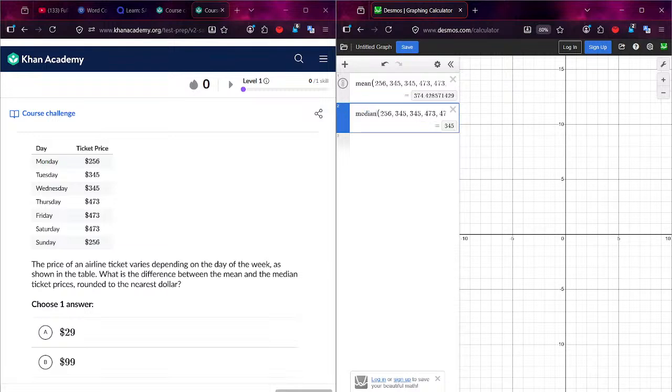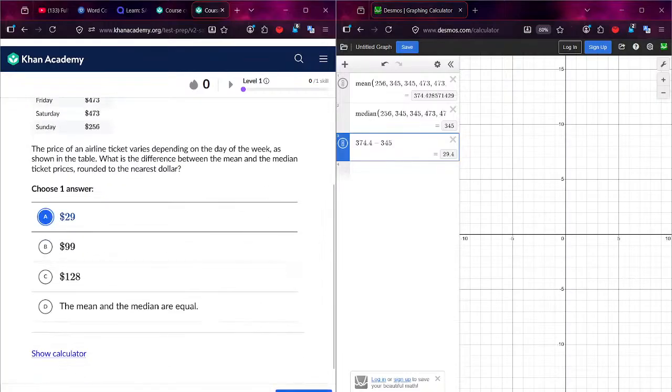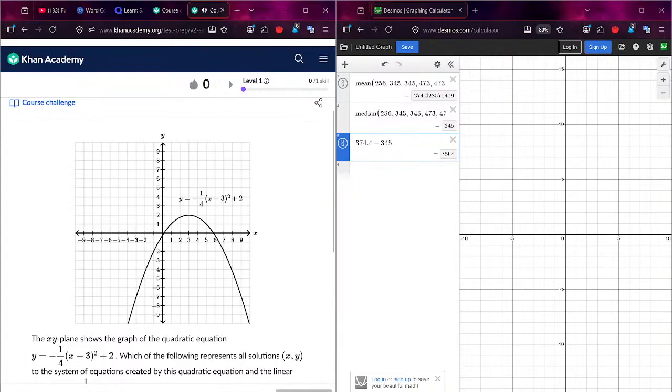It's going to be 345. So what's the difference rounded to the nearest dollar? It's going to be 374.4 minus 345. So it's going to be 29, which is going to be A.